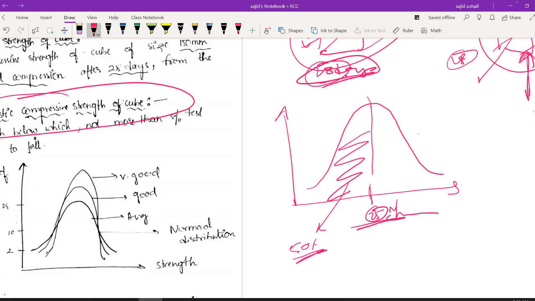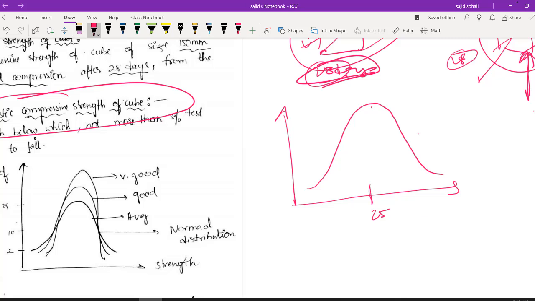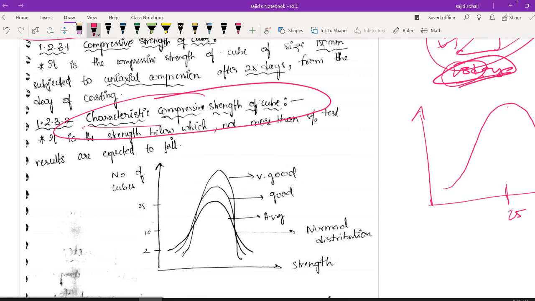Agreed or not? And 50% have greater than 25 Newton per mm square as per this normal distribution curve.